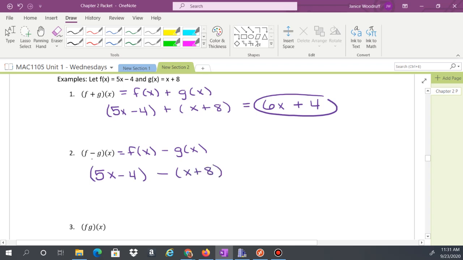Now when I'm subtracting and there's more than one term after the subtraction sign, I do have to distribute that subtraction sign. So here I will take this 5x minus 4, bring it down, but then I'm going to distribute the minus. So this is going to be minus x minus 8. Then I'm going to combine like terms. So I'm going to have 5x minus x to give me 4x, and negative 4 minus 8, negative 12.